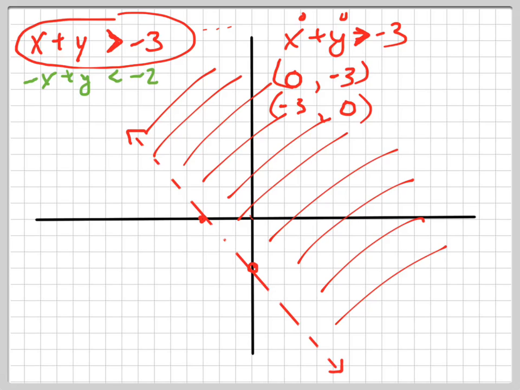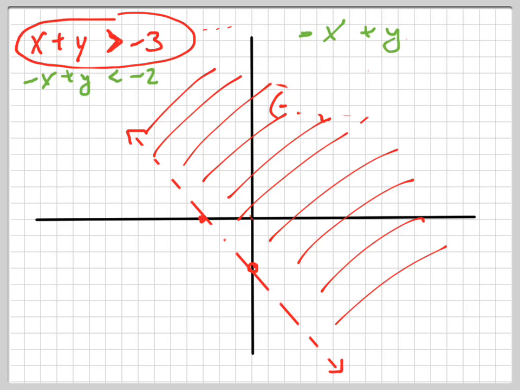Alright, now let's do the green graph. Same thing, let's do it the exact same way. Let's take my equation, -x plus y is equal to -2. I'm first going to draw the graph, so let's find our points. If I plug in 0 for x, what does y have to be? -2.